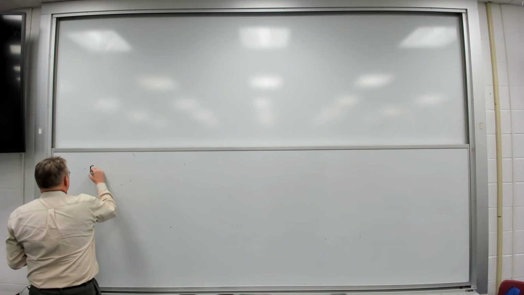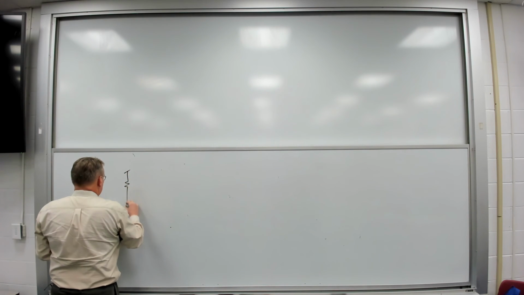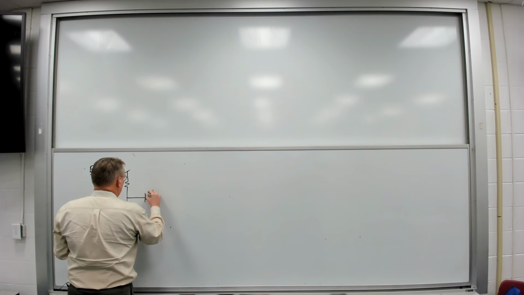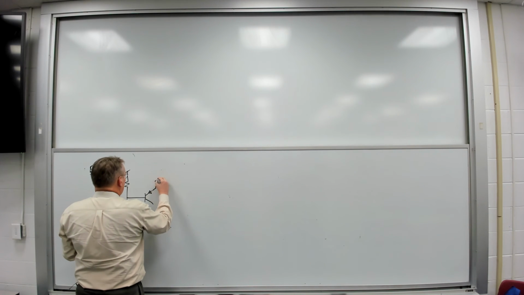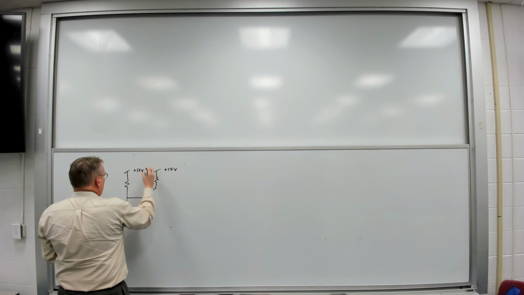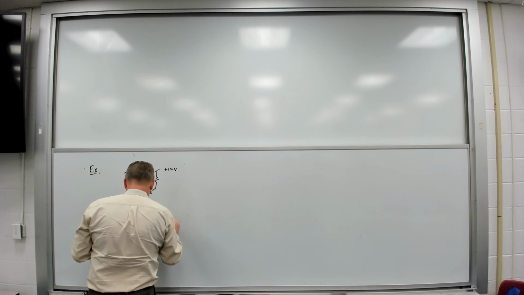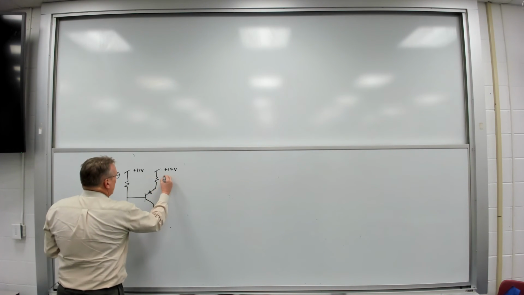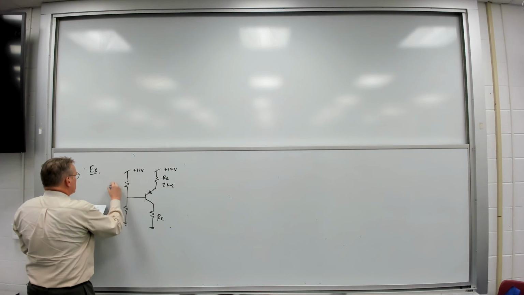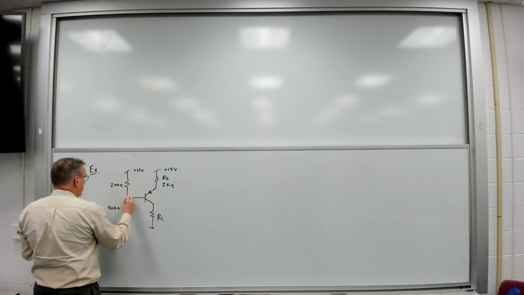So for our final example, we get this problem. Again, I'm using a voltage divider at the base. I've got an RE of 2 kiloohms. This is 20 kiloohms, and this is 40 kiloohms.